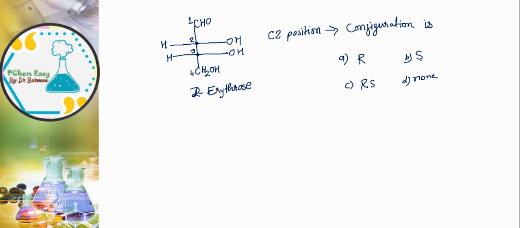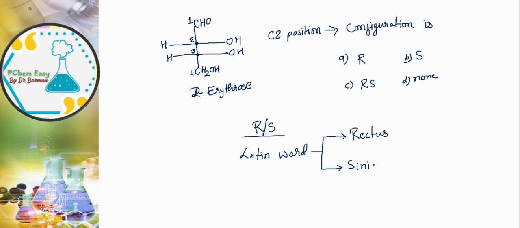So now first let's talk about what the R and S system is. These R and S are Latin words: rectus and sinister.